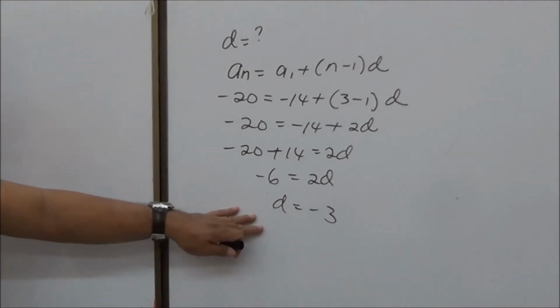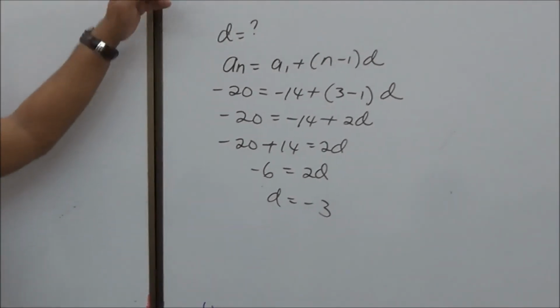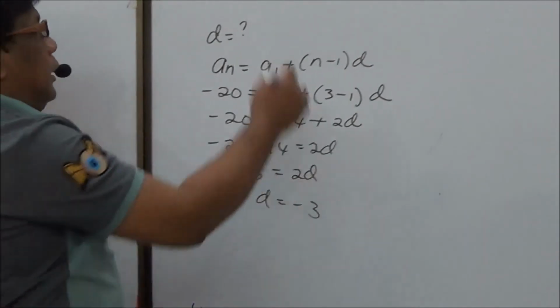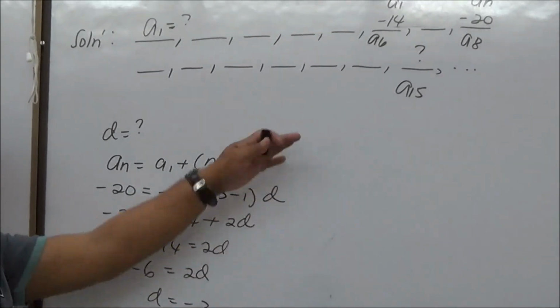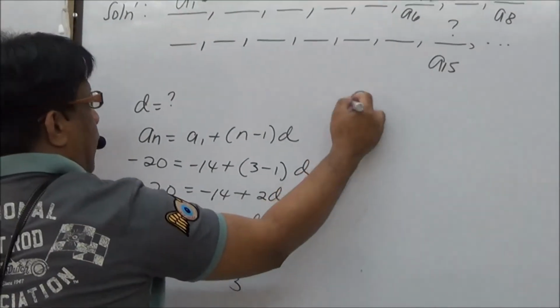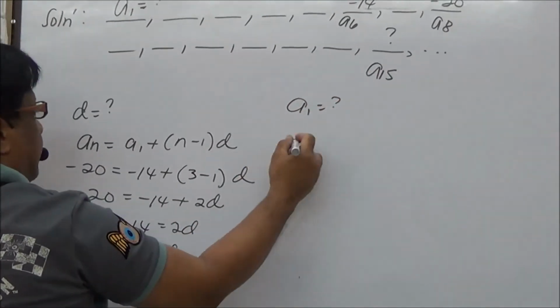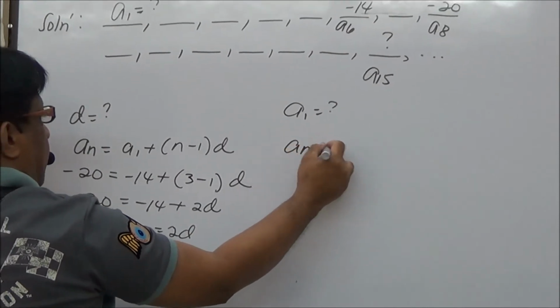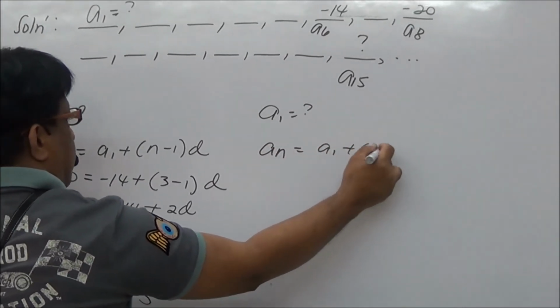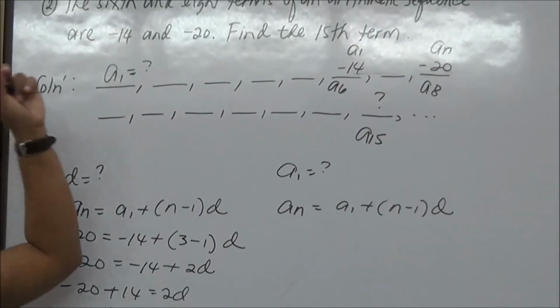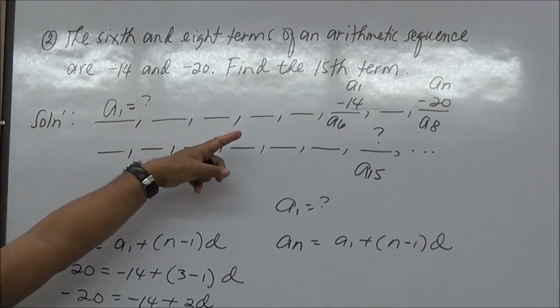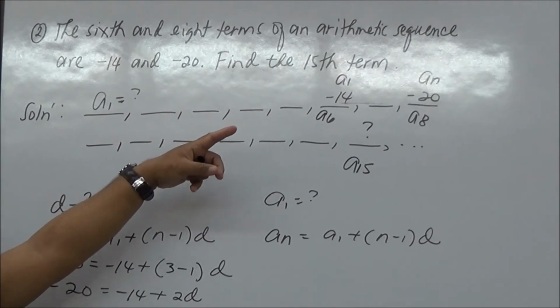So let us now find the original a1 to find a15. So let us define the original a1 now to find the 15th term of the sequence. So how do we find a1 now? So use this formula, an equals a1 plus (n minus 1) times d, and use the terms given negative 14 and negative 20.